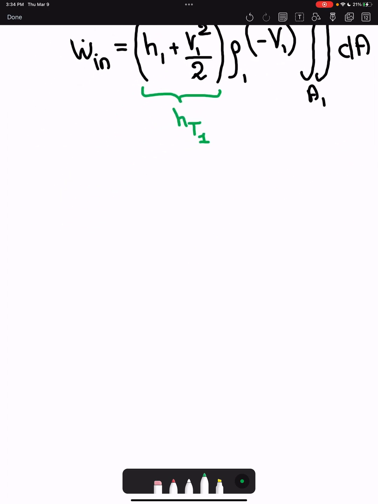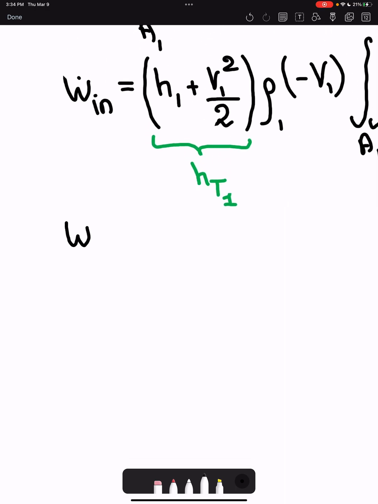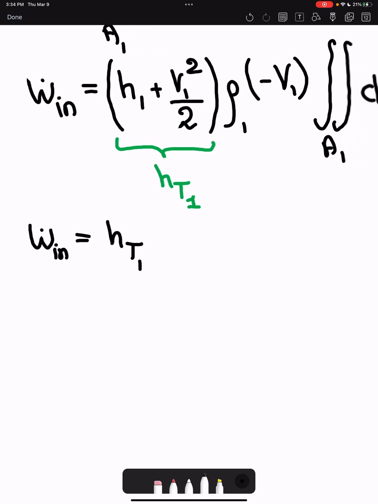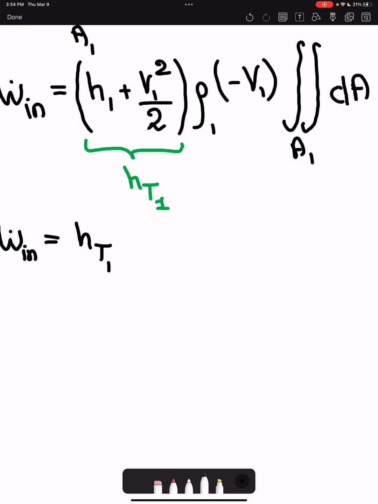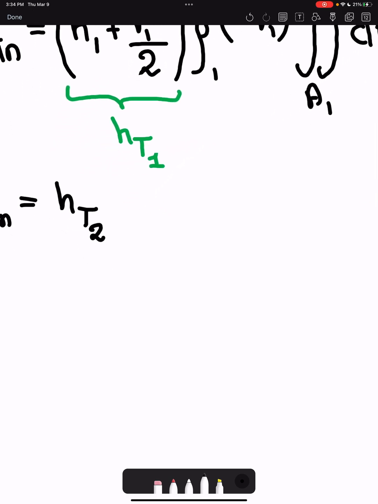So now we can say that the rate of work in is really equal to HT1 times, well, let me write the one with the 2 subscripts first, because they're positive.